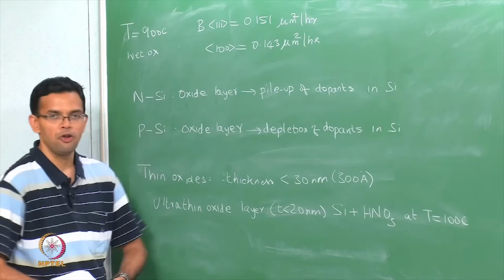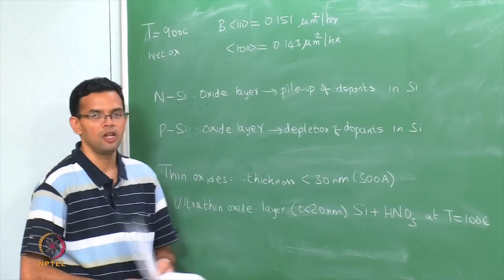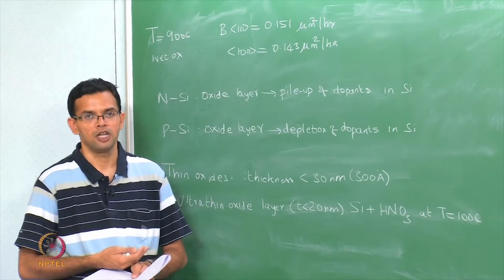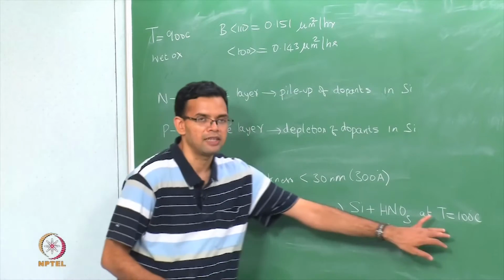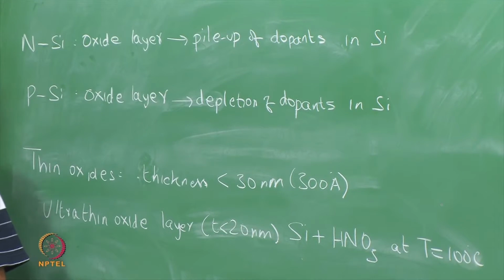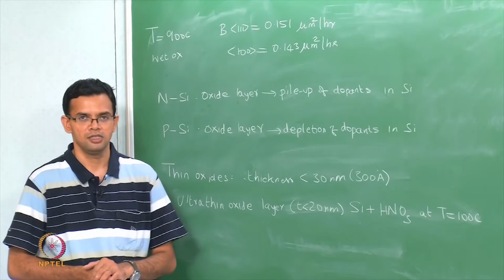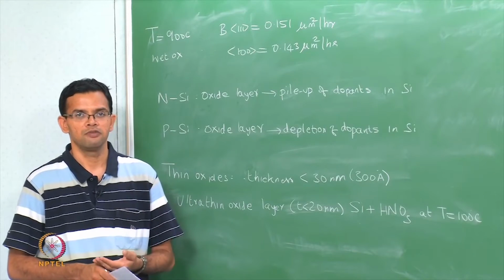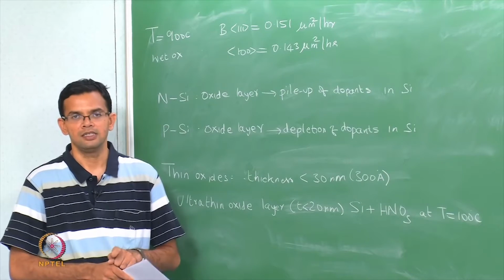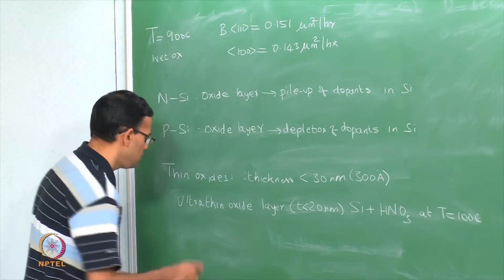So this is much lower than the conventional thermal oxide layers where the temperature is usually around 1000 degrees, so 10 times higher. The advantage of growing thin oxides at these low temperatures is that these can be used with a regular patterning process, so that we can grow oxide layers at really small areas.